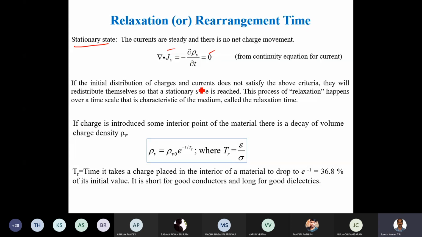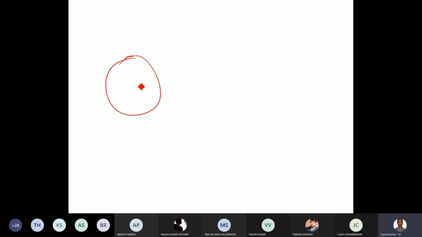Now, if you put some charge inside the material, let us take two cases. One is a good conductive material, a material with better conductivity, and the other is a material which has very poor conductivity. In a good conductive material, if you put some electron at any point in the volume, a rearrangement will happen.